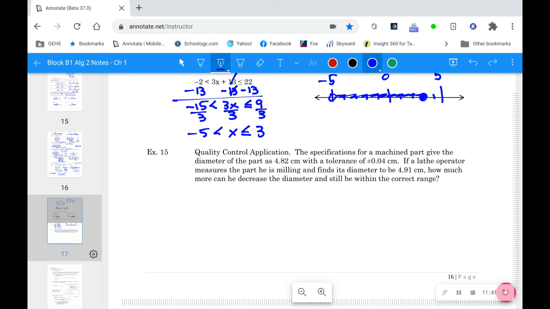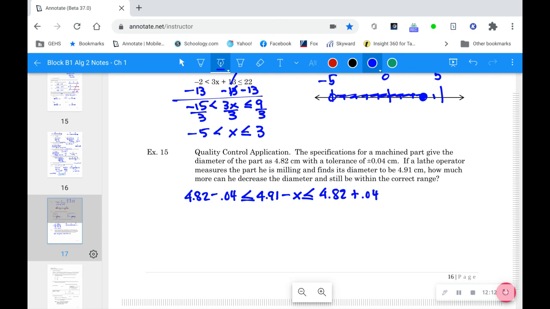So what we're asking here is if he takes this 4.91 centimeter part, puts it back on the lathe, and takes off a little bit, that has to be between the low end of the ideal size, so 4.82 minus the tolerance, and 4.82 on the high end plus the tolerance.